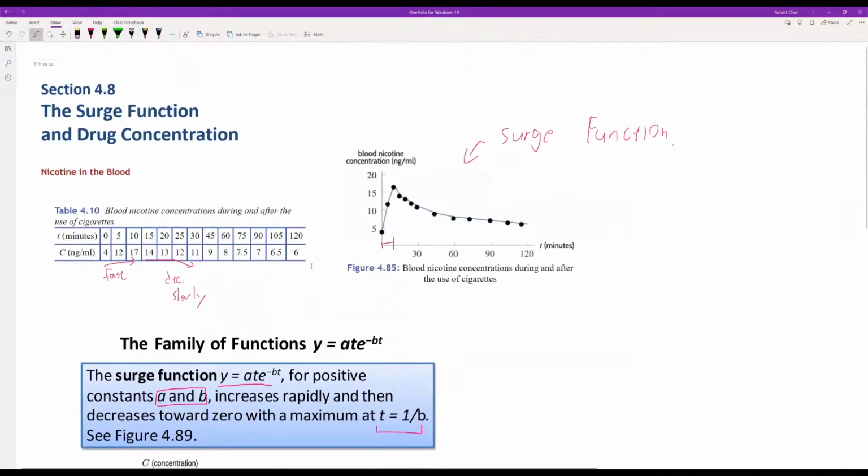For example, in our earlier example, we see that 10 minutes after someone has a cigarette, the nicotine level rose to 17. So in that case, this will be our peak, approximately there, because we don't actually have a really nice timetable to know a smooth curve to know exactly where the peak is, but this is a fairly good approximation, where we can see the peak and then it slowly decreases.